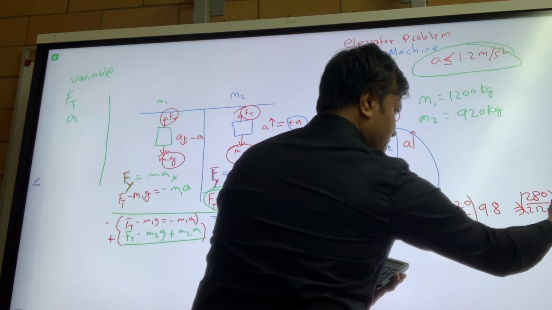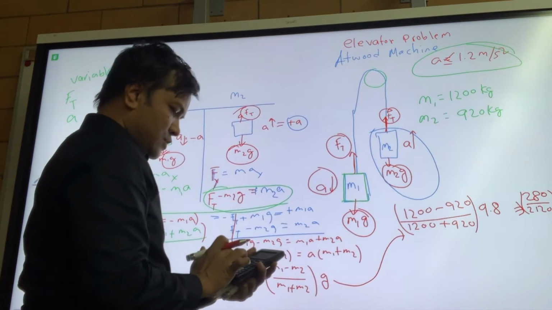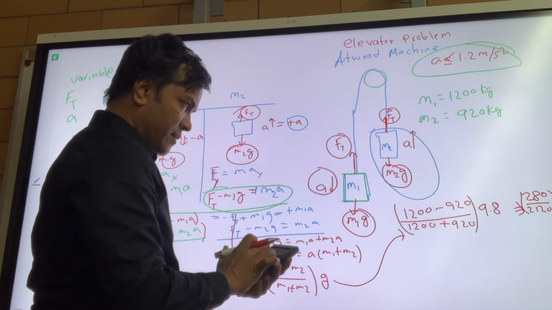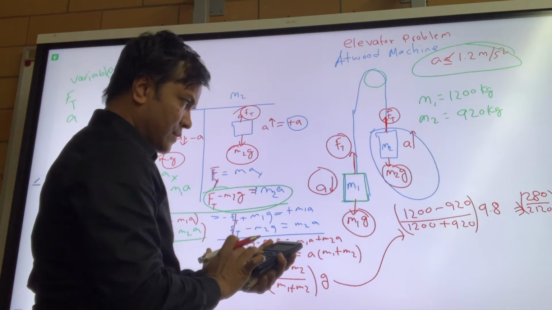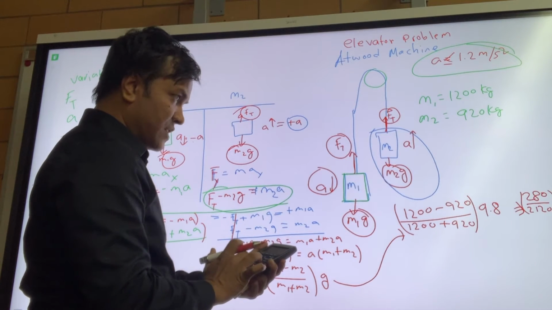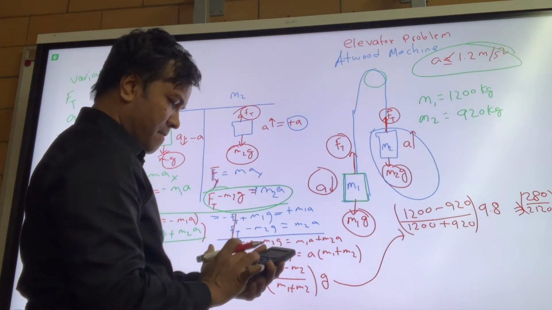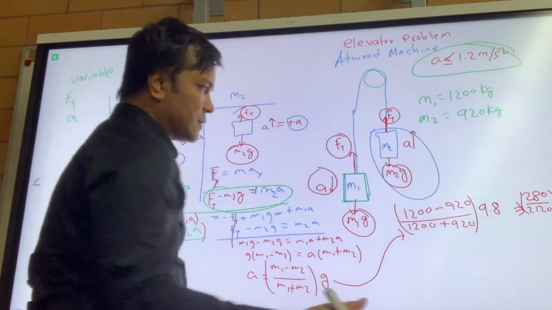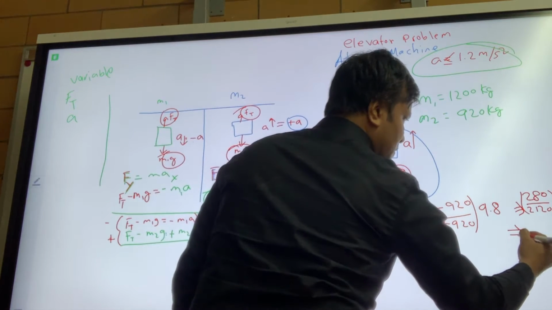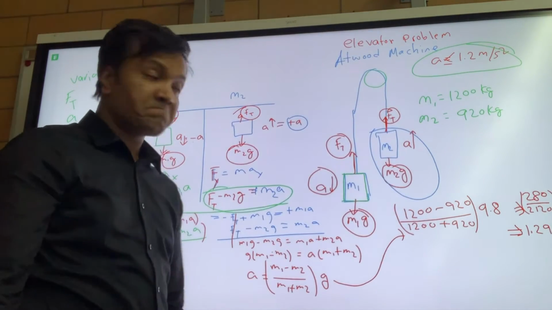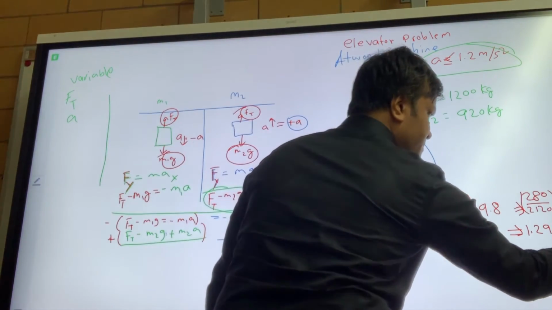So 280 divided by 2120 is 0.13, times 9.8. Voila! It gives you 1.294 meters per second squared.